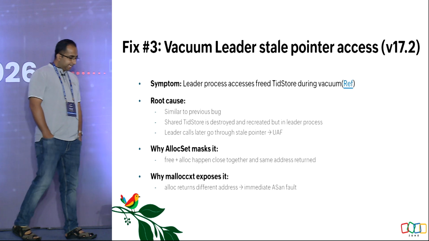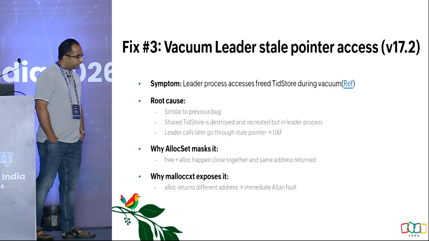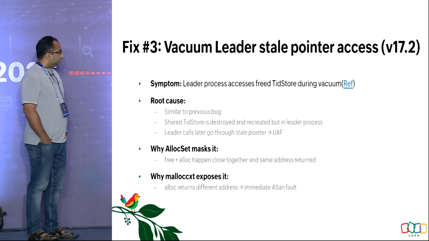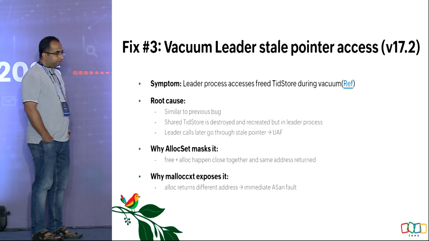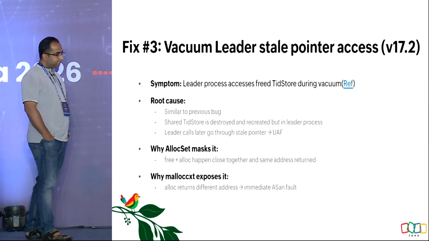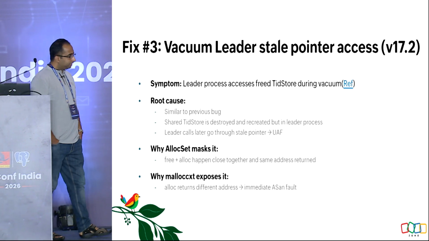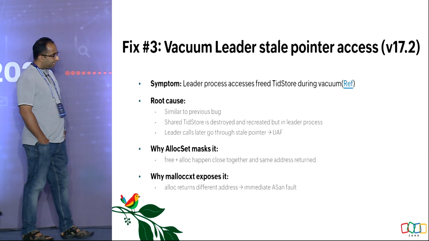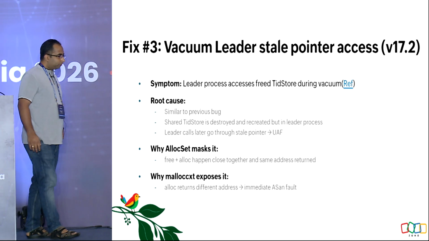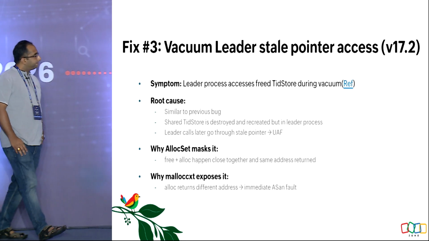Now, unlike the initial example that I showed in the talk, where you had a free happening and then you write to the area, which a C developer could actually see, in PG these alloc and free code could be in a different file altogether, or separated by a large chunk of code. So it is not very easy to figure these kinds of issues out.